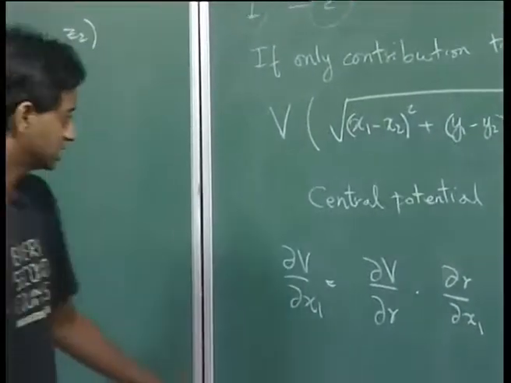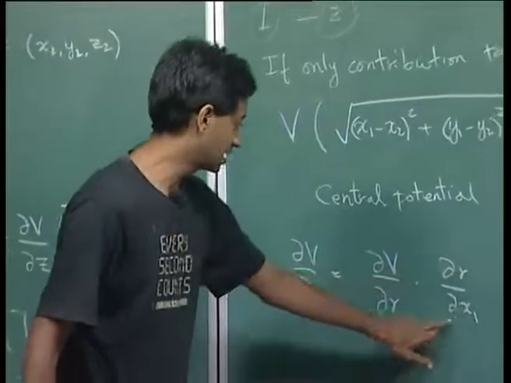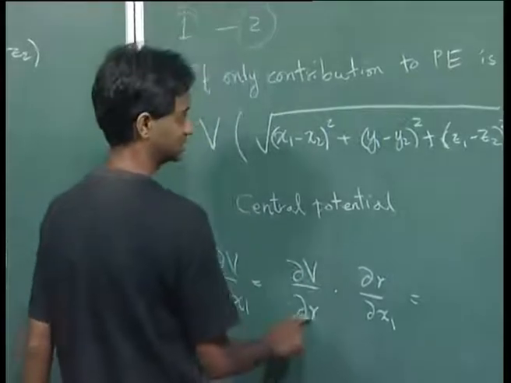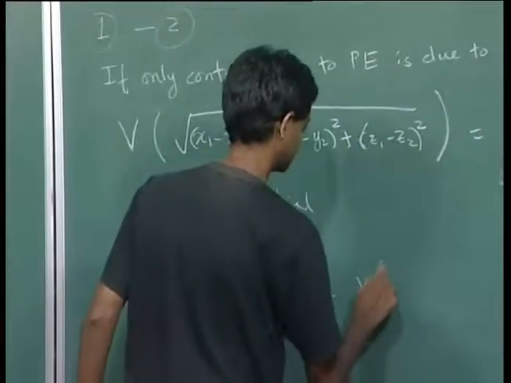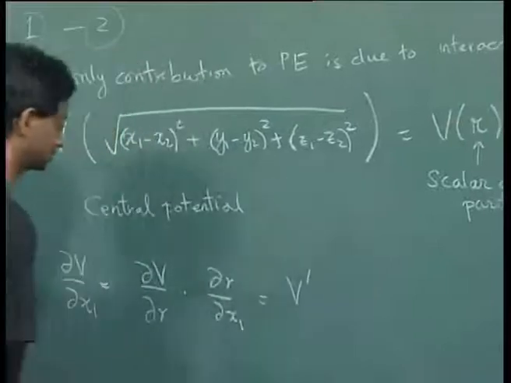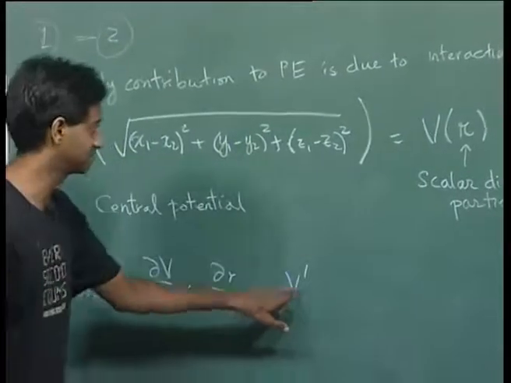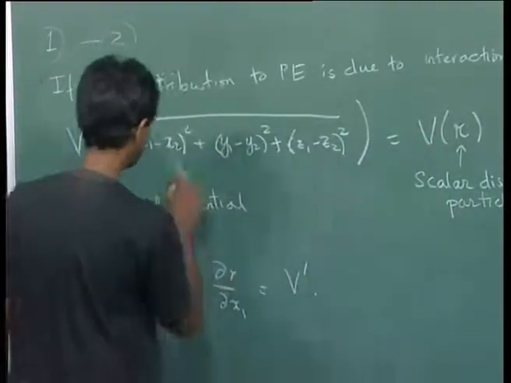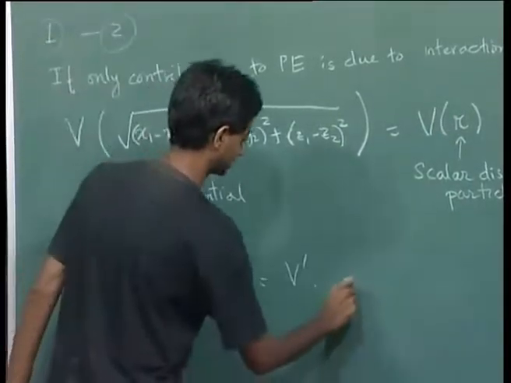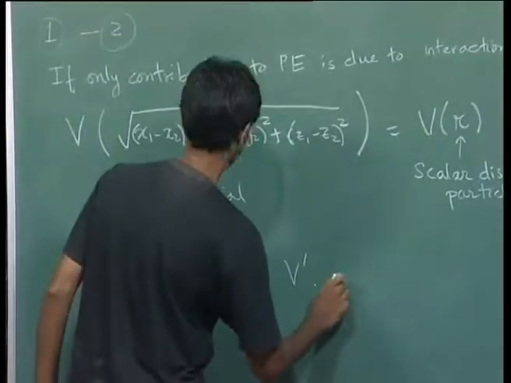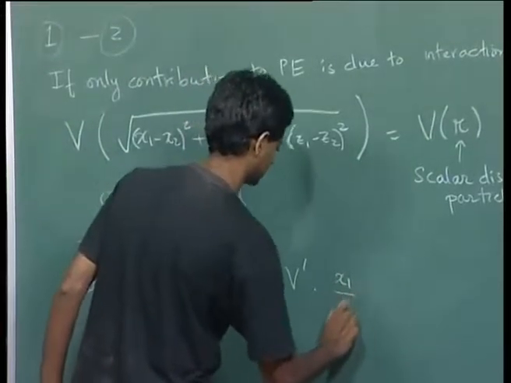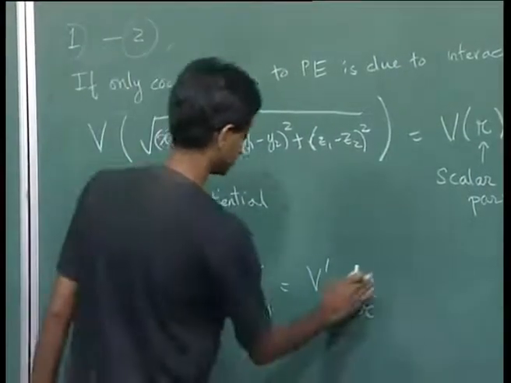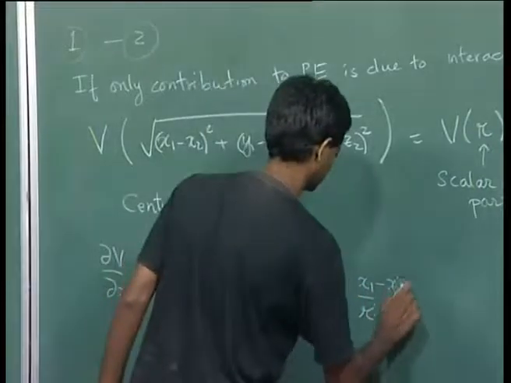This first factor is dV by dr, and I will just call it V prime, since V is only a function of r. This is the derivative of this function, times dr by dx1, and if you calculate that, it will turn out to be x1 minus x2 by r.